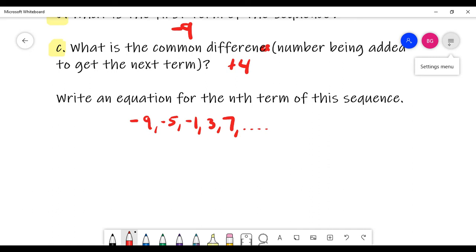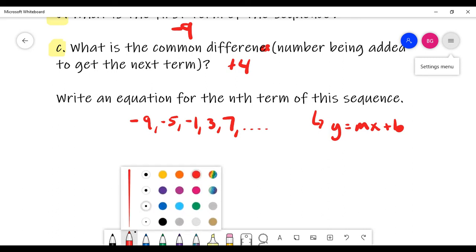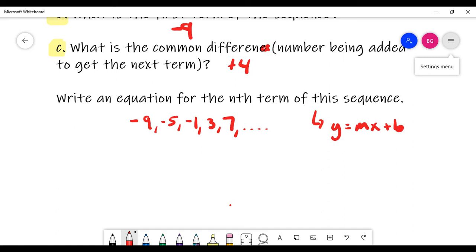Since it's arithmetic, it means we're adding each time, and that goes by a linear model. As we discovered in the last step, arithmetic is linear, which means it's going to follow the idea of y equals mx plus b. Now, y was always the output, or what came out.